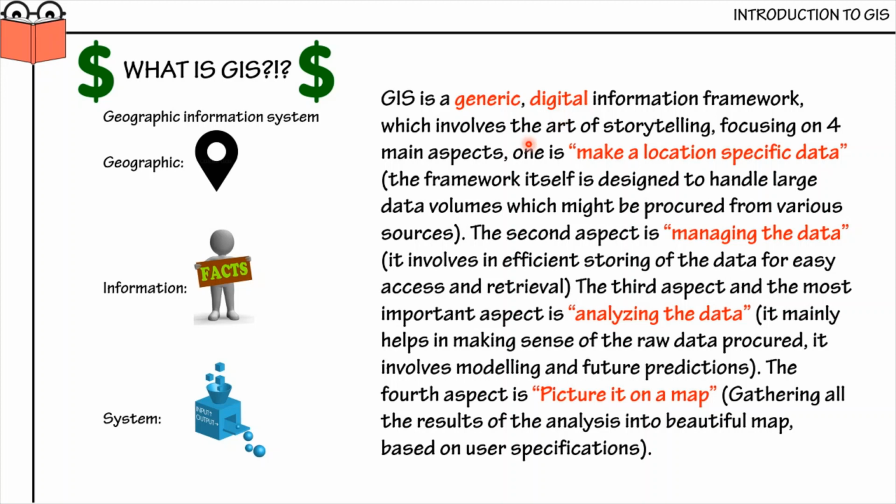So having lot of layers, various maps on papers, handling so many maps was really cumbersome. So the whole idea of creating GIS was to handle multiple data sets in a very easy manner. So digital makes that happen, and hence digital information framework, which involves the art of storytelling.